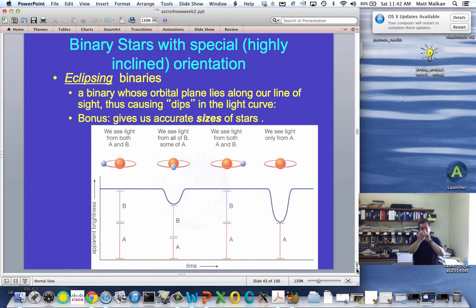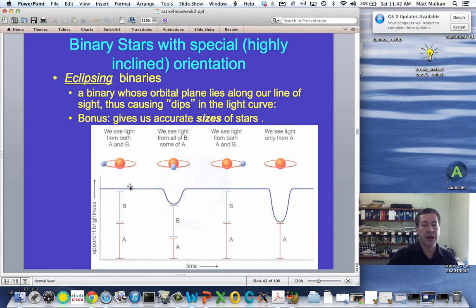We see them exactly edge-on so that one star periodically moves in front of the other star. And then halfway around the other side of the orbit, the other star blocks the light of the first star. That's called an eclipsing binary system. And that is like pure gold. That's a gift from the heavens, because that allows us to figure out everything with no questions whatever.